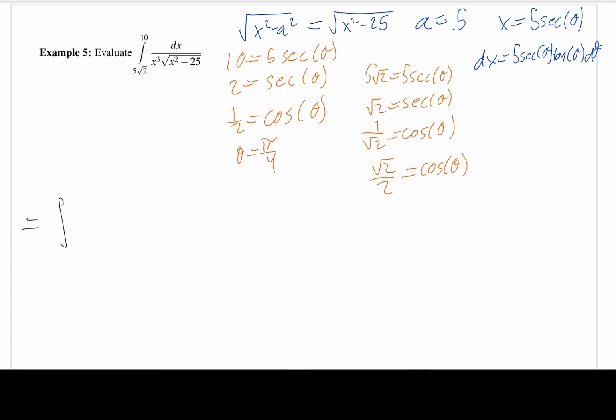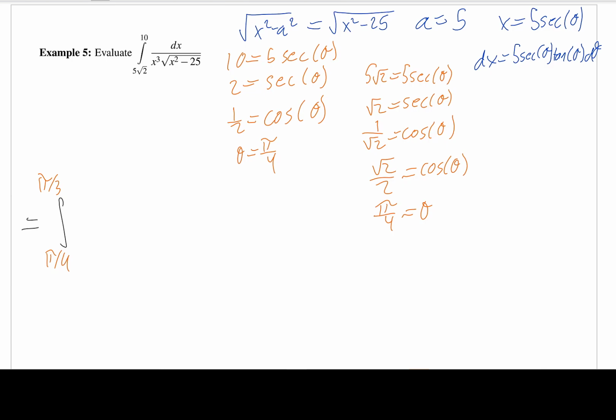And I just realized I made a mistake. When you look at the unit circle, 1/2 is the smaller of our x values, so this should be pi over 3. And then this will give us pi over 4 is equal to theta. So it should become pi over 4.